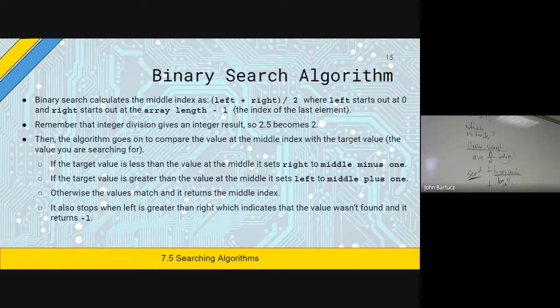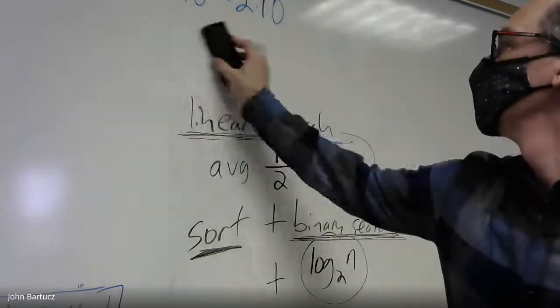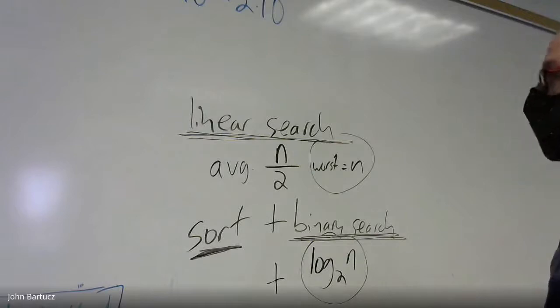Oh yeah, and that's a good point. So the last one is, if it gets to a point where you're dividing by 2... actually, let me just show this, just to show the algorithm.